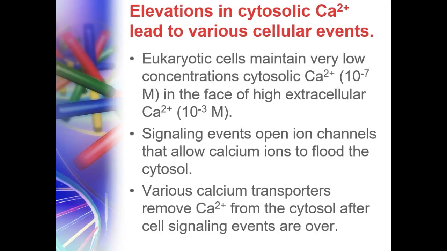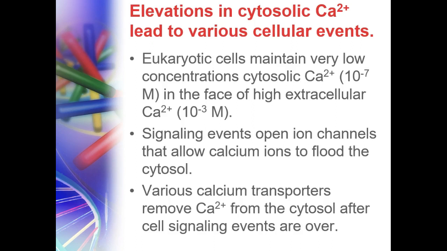So what we have to do is address another concept called calcium. In the cytosol, the calcium is very, very low. The cell maintains these low concentrations, say 10 to the minus 7th molar, in the face of very high extracellular calcium. We also have calcium sequestered in the cell; the endoplasmic reticulum also has a high concentration of calcium.